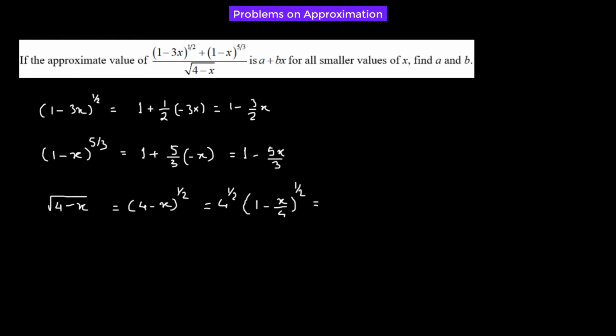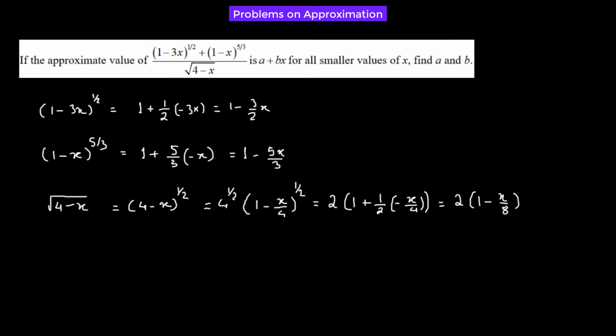So 4 raised to the power of half is simply the square root of 4, which will give us 2 times 1 plus half multiplied by negative x over 4. On further simplification, we get 2 times 1 minus x over 8.